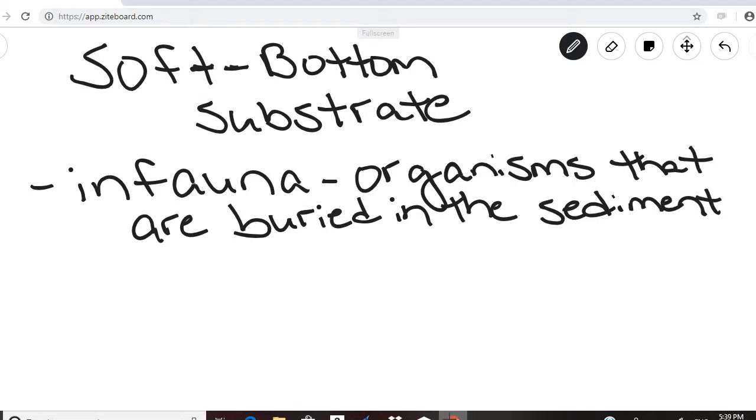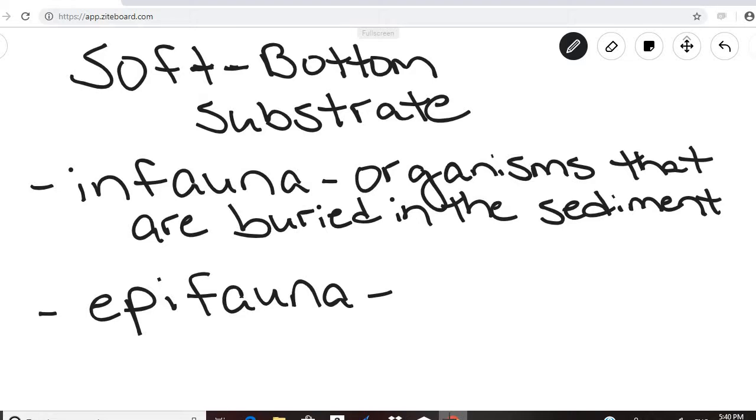And then epifauna refers to those organisms that live on the surface.